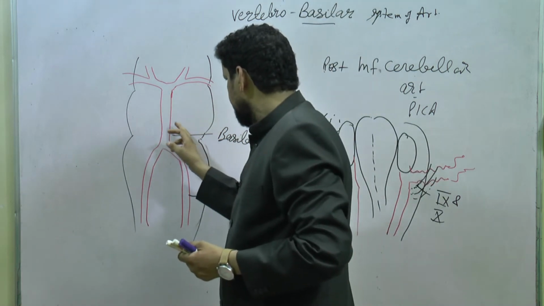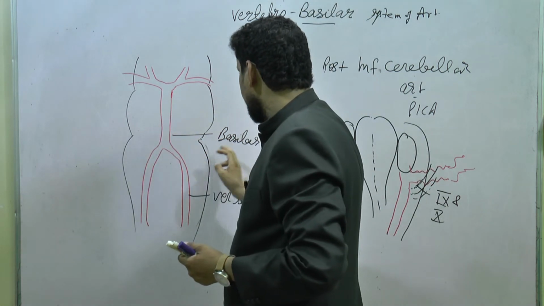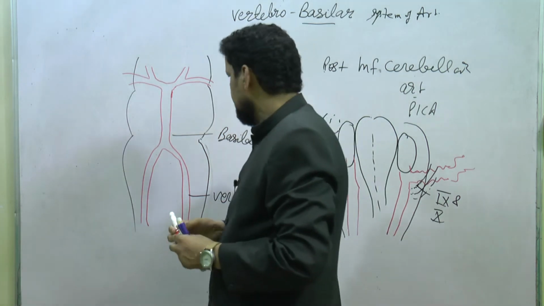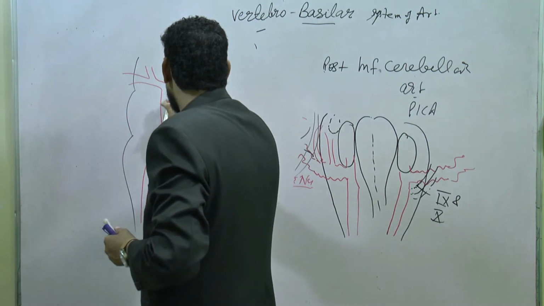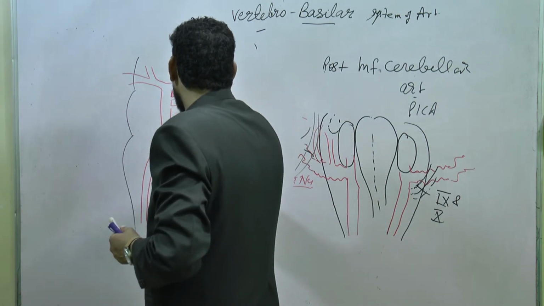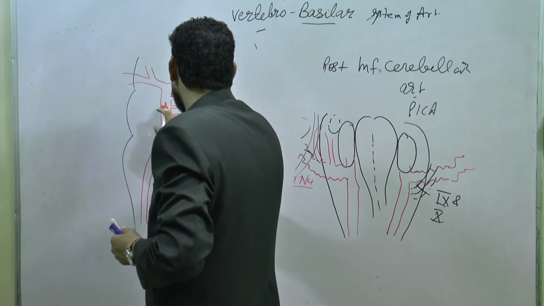In the pons, the basilar artery gives multiple small branches known as the pontine arteries, which may be long or short.